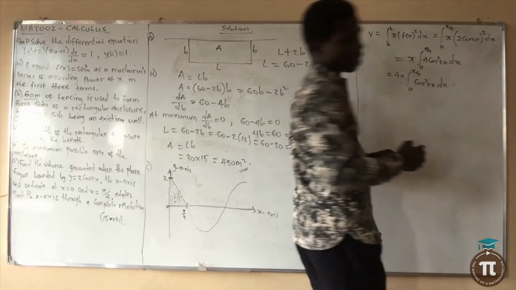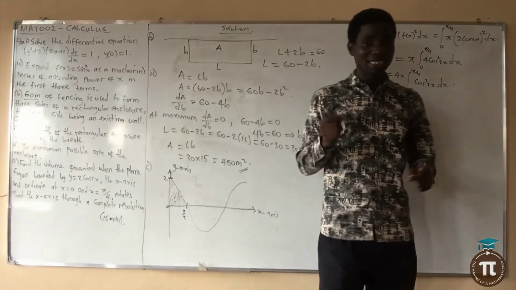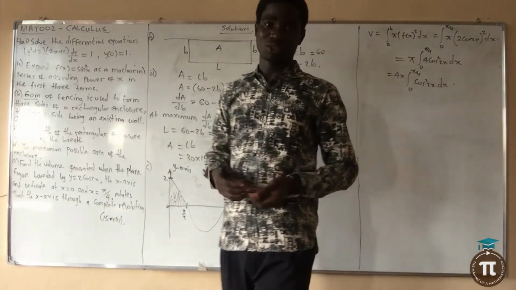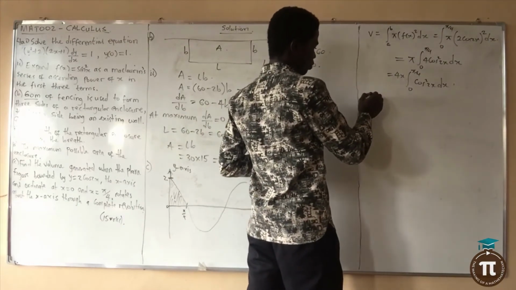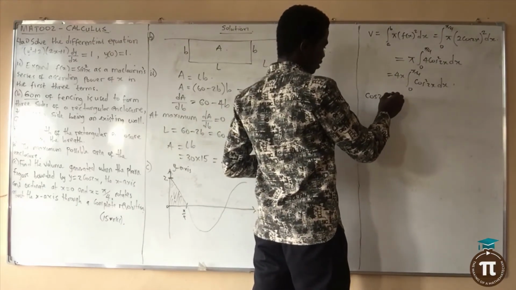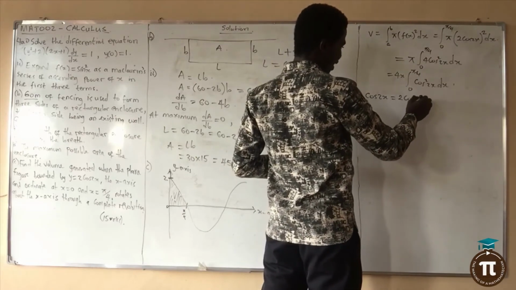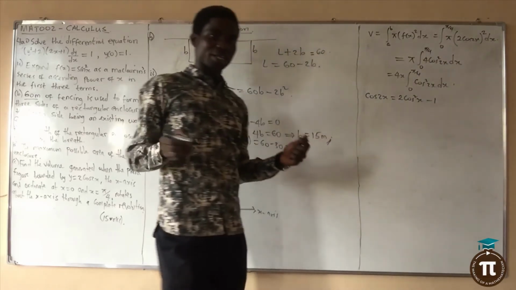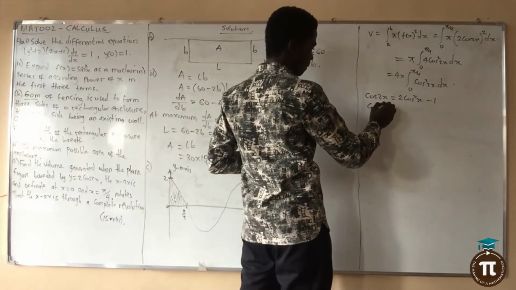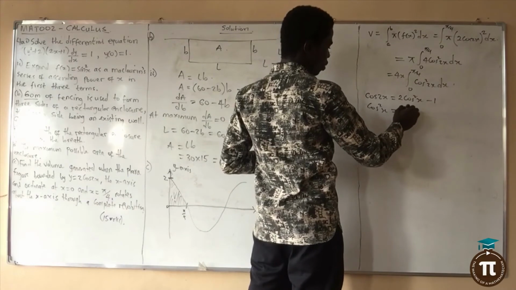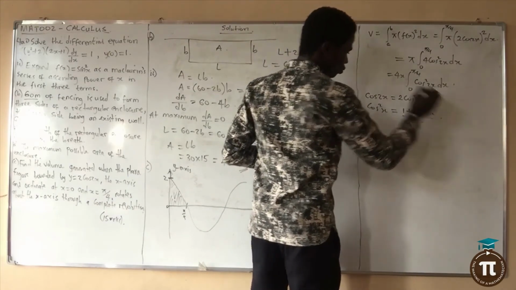So, in order for us to solve this cos squared 2x, remember the identity I used in the previous question as well. The identity says that cos 2x is equal to 2 cos squared x minus 1. If you make cos squared x the subject of the formula, you will have 1 plus cos 2x divided by 2.